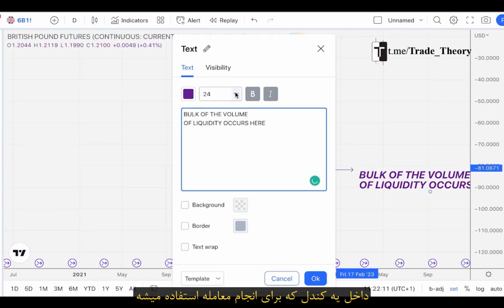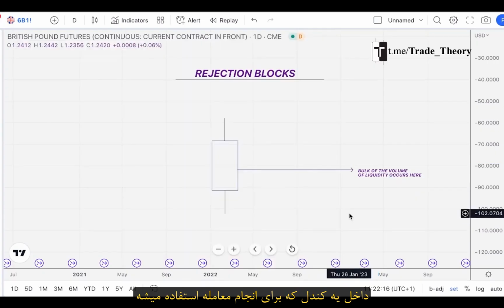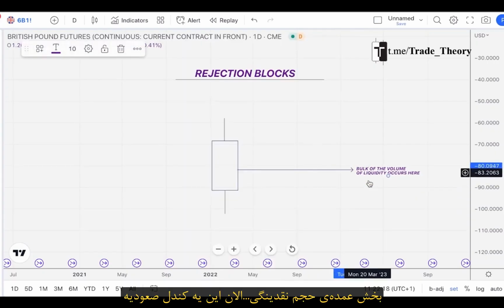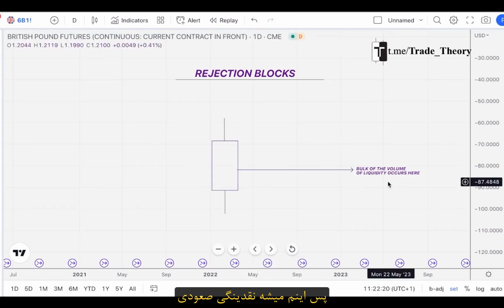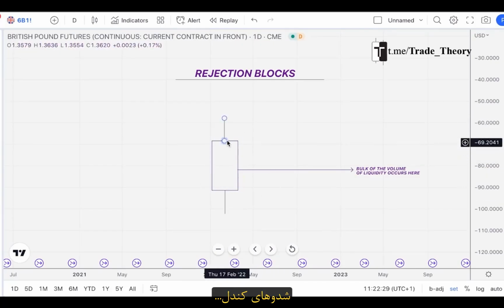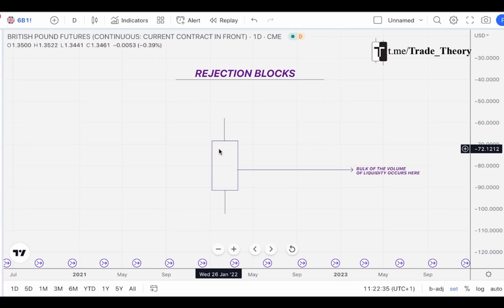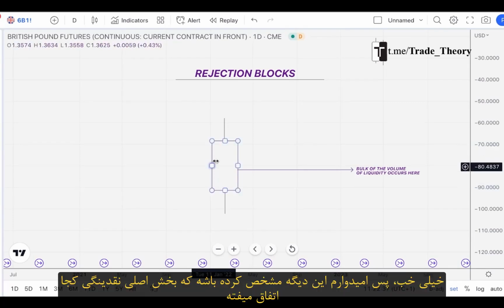Inside a candlestick, which is utilized for a transactional purpose, the bulk of the volume of liquidity, and this is a bullish candle, so that's going to be bullish liquidity, occurred inside the body of the candlestick. The wicks of the candle are not as important as the body. Hopefully that defines where the bulk of the volume of liquidity occurs.